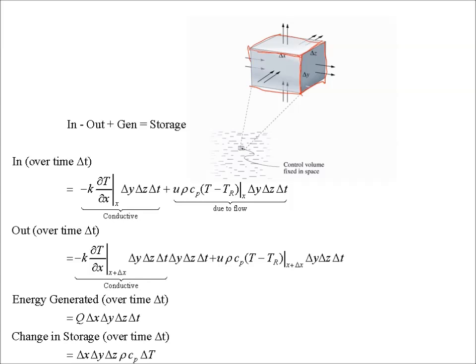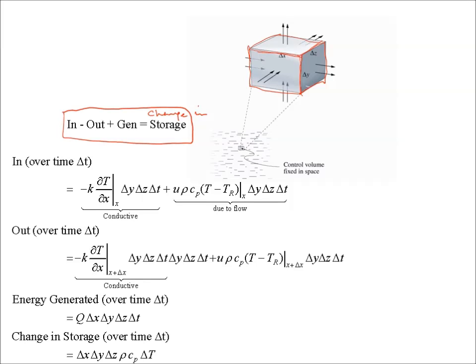So let's go through the details now. All we are going to do is use energy conservation. So back to our in minus out plus generation equal to change in storage, change in storage over this volume that is fixed in space.